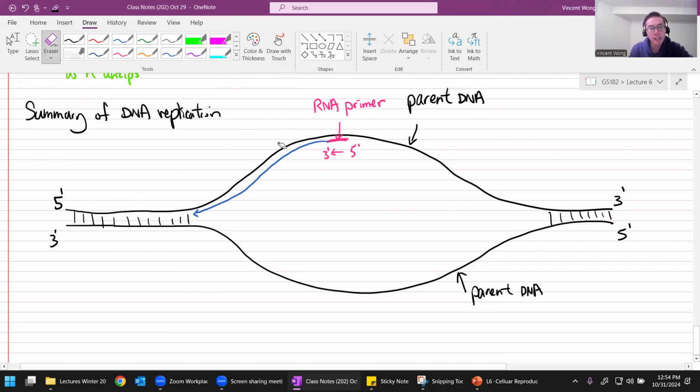This strand here is being built continuously, and there are no breaks in it, no gaps. So it's called a leading strand. It's built continuously towards the replication fork. It's going to keep on going into it. Leading strand.